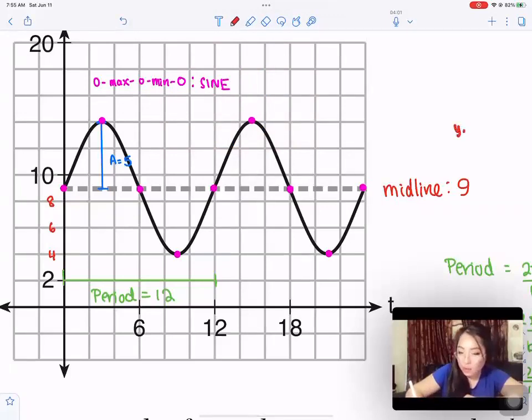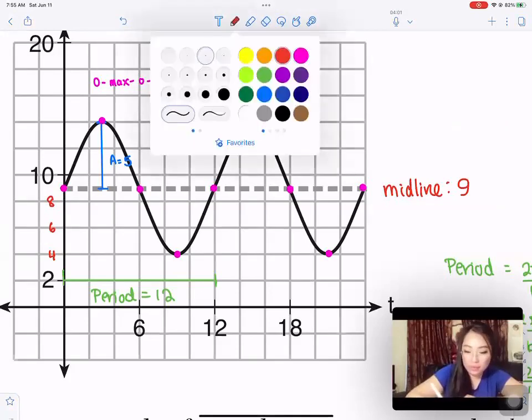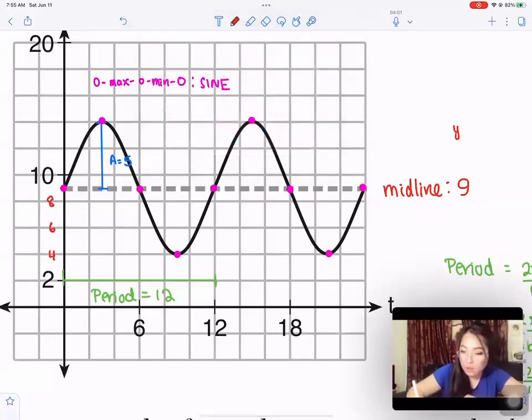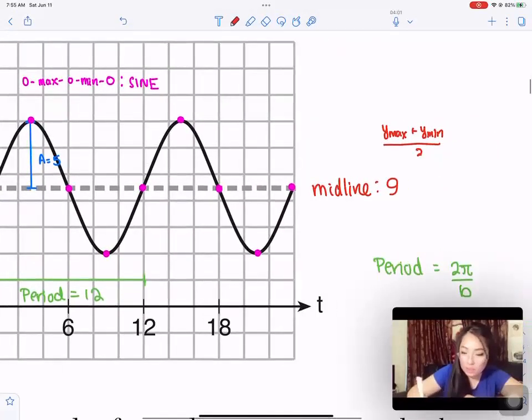So it's like y max plus y min divided by 2. And y max is 14. 14 plus 4 over 2, which gives us 9.